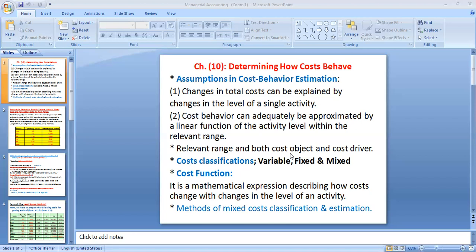What about cost classifications? I said to you that we can classify costs from different points of view. Regarding the functions in the company, there is manufacturing cost, marketing cost, and administrative cost.